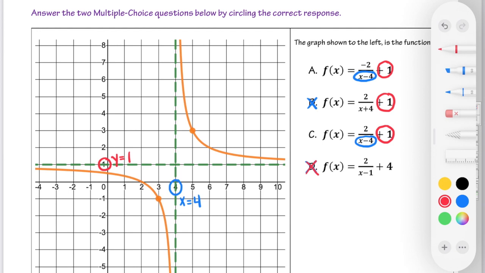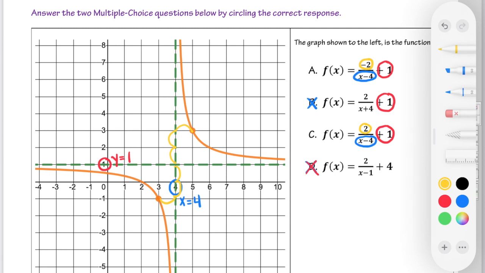Now, the main difference I can see between A and C is I have a negative 2 on top in the numerator for A, and I have a positive 2 in the numerator for C. We know that the 2 is correct because the 2 tells us that the points on our graph are up 2 over 1 and down 2 over 1.